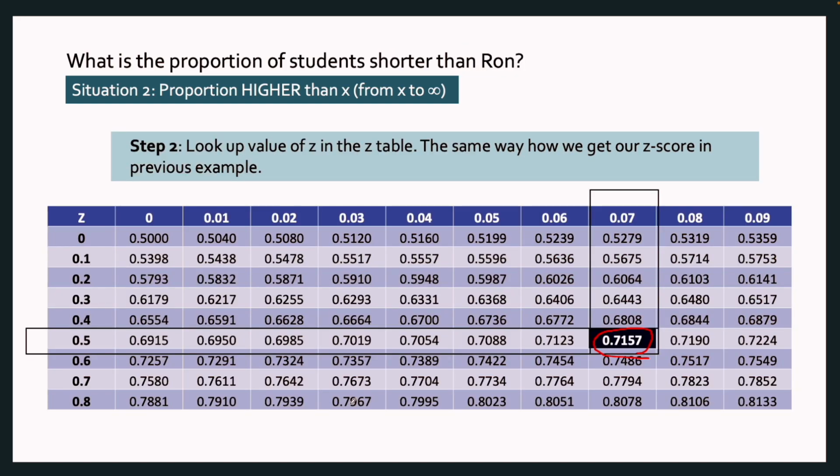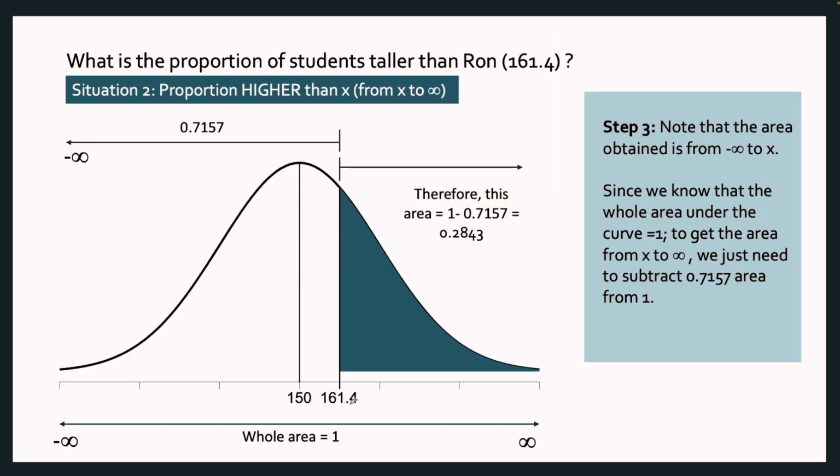So what changed here is that we know all area is equal to 1. This is important for you to note. So to get this area, you just take 1 minus whatever area here, isn't it?